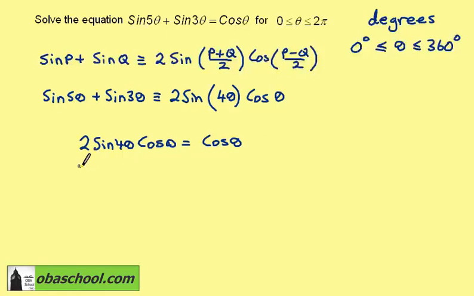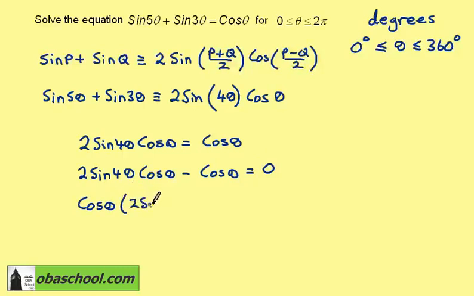If we subtract cos θ from both sides, we can avoid this. So we get 2 sin 4θ cos θ - cos θ = 0. We have a common factor of cos θ, take it out, and the bracket has 2 sin 4θ - 1.